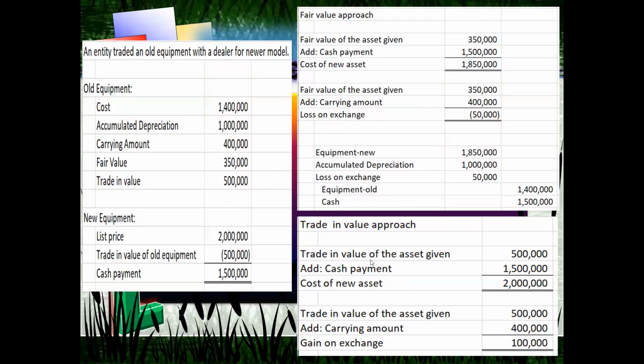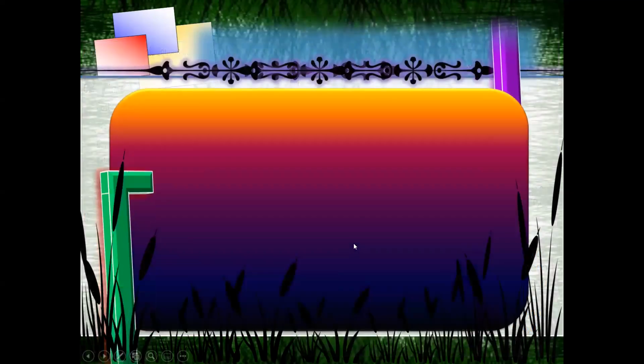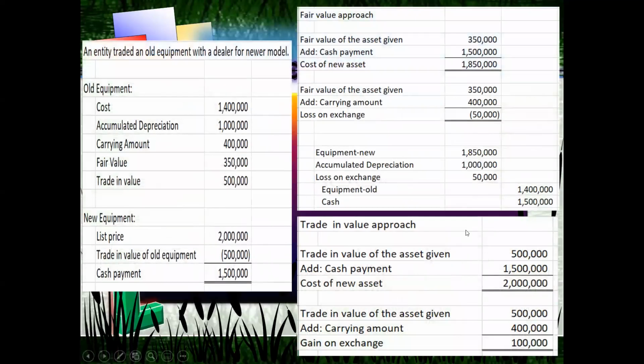So this will be the entry, no? Your debit, you have here the trade-in value of the asset is 500,000. Add natin yung cash payment na 1.5. So the cost of the new asset would be 2 million.